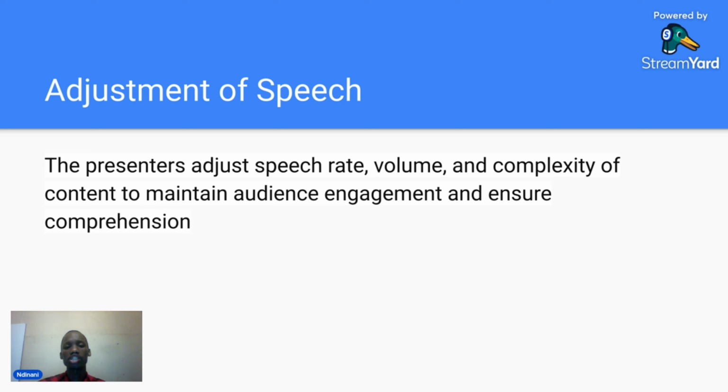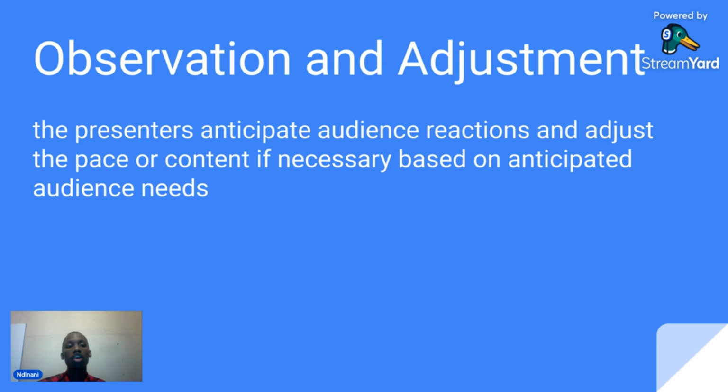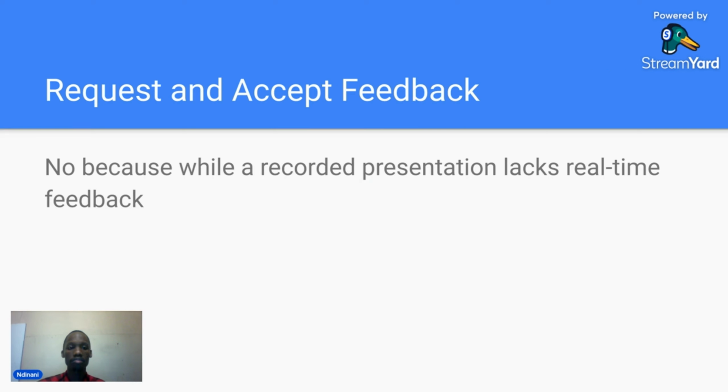The presenter adjusts speech rate, volume, complexity of context to maintain audience engagement and to ensure comprehension. Observation and adjustment. The presenter anticipates audience reaction and adjusts the pace or the content if necessary based on the anticipated audience needs.